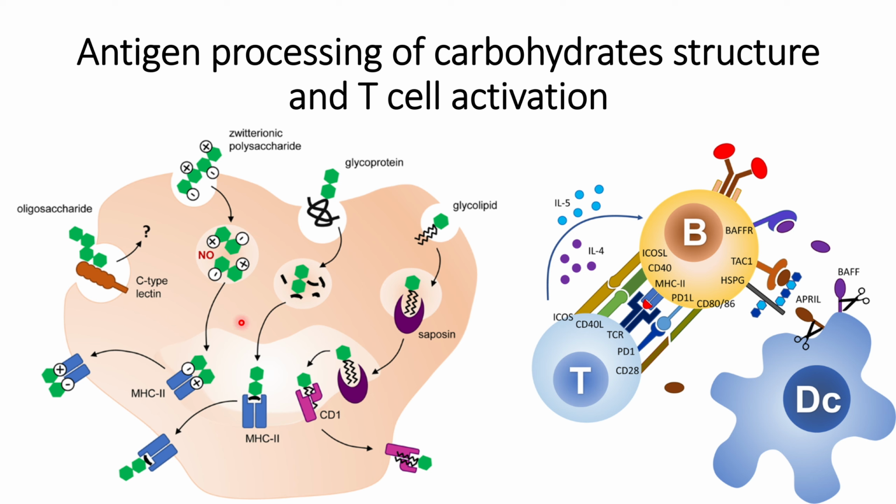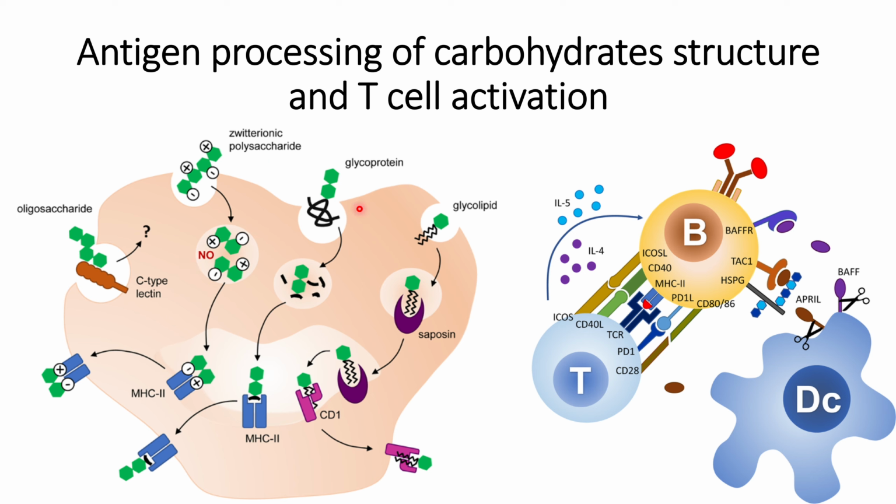The other process is the zwitterionic polysaccharide process. In this case, the polysaccharide that has the zwitterionic charge also comes inside the cells, with the help of nitric oxide.